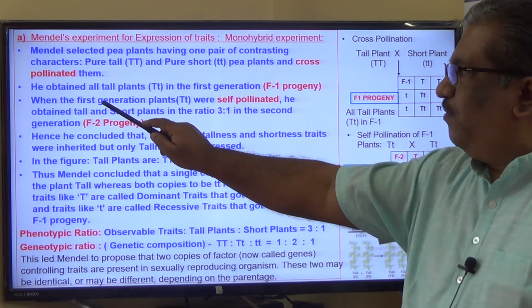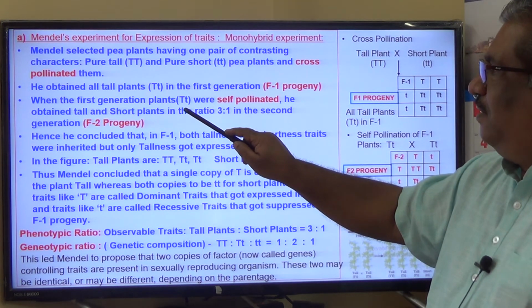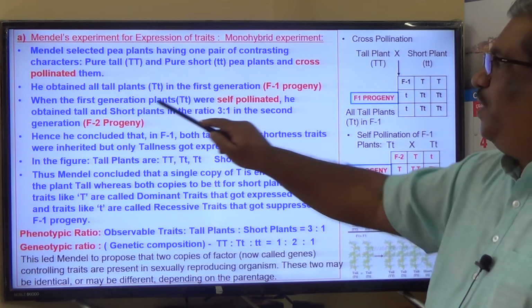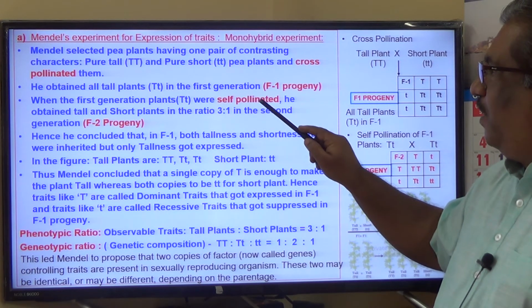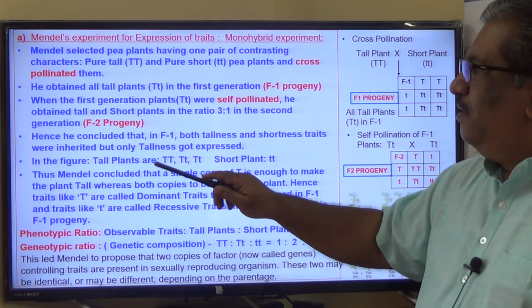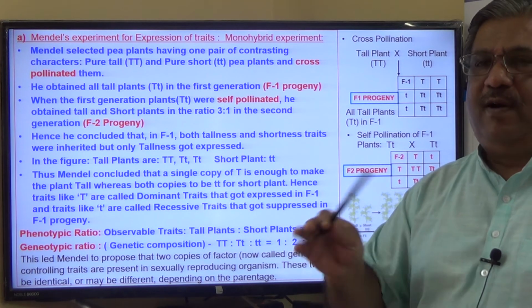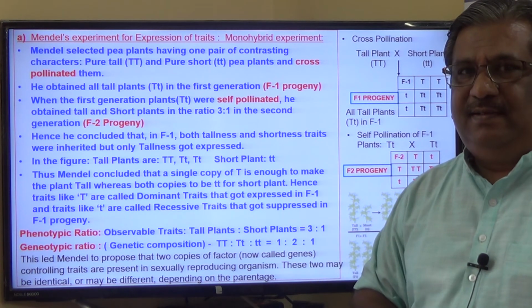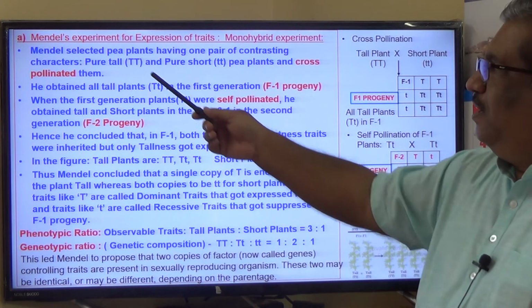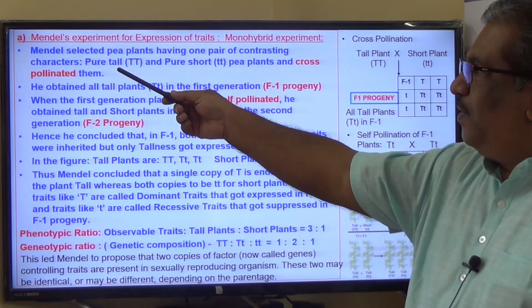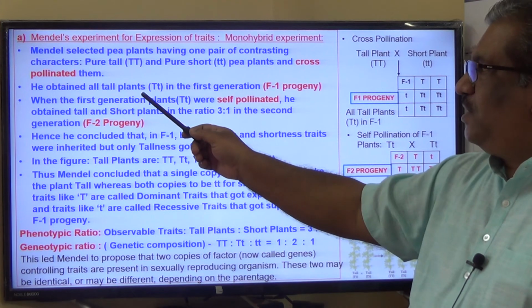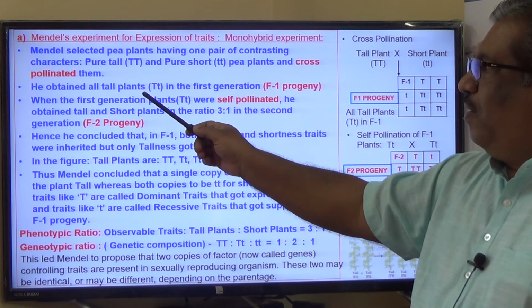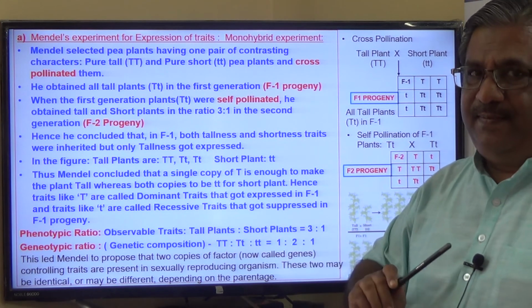Now, when the first generation plants, which are all tall, were self-pollinated, he obtained a mixture of tall plants and short plants. What an interesting fact. When he cross-pollinated the pure tall and pure short, in the first generation he obtained all tall plants.